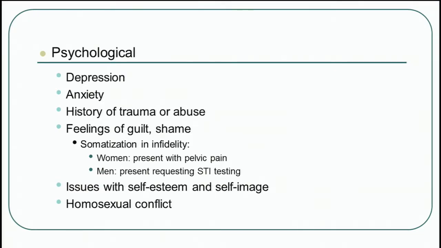We see this often in somatization that occurs in the context of infidelity. Women who cheat on their partners present commonly with pelvic pain, and men who cheat on their partners present commonly requesting repeated STI testing as they experience the symptoms of a sexually transmitted infection.